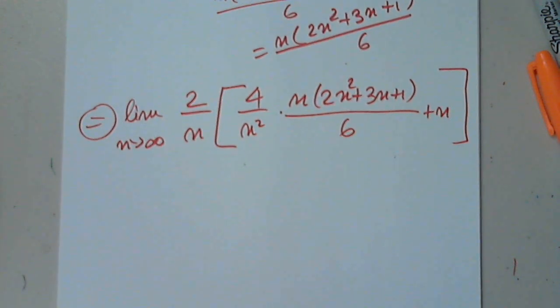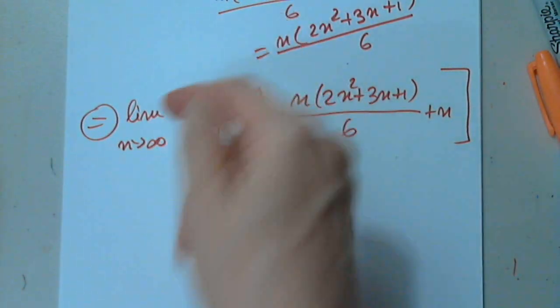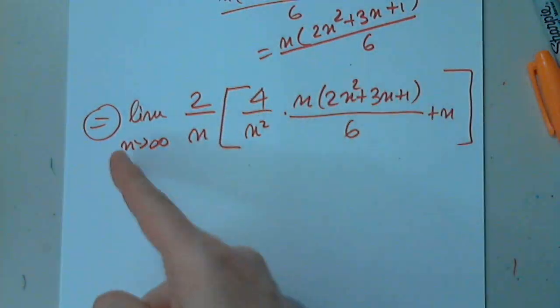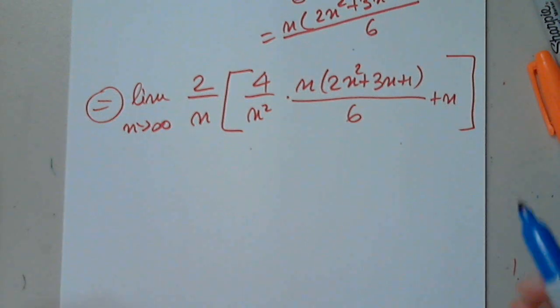And now you see how this becomes a limit. From this moment on it's just algebra and then applying the limit. So I'm going to simplify all this and then apply the limit, and it's done.